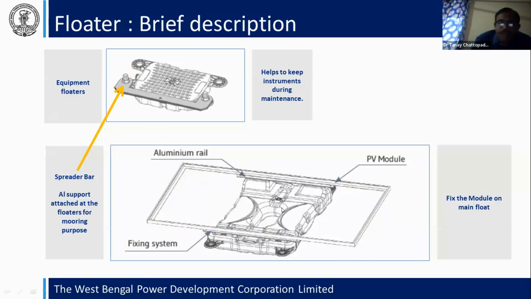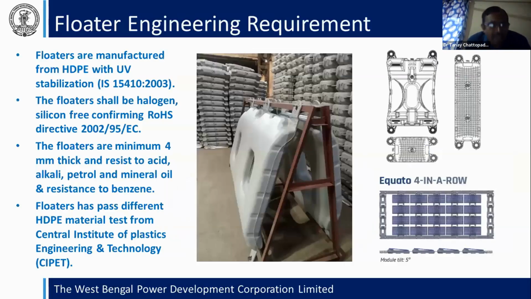And now for the execution, this is the main thing of the floater. This is the HDPE UV resistant stability IS 15410 2023, and the floater shall be halogen silicon free. That is, it is also less corrosive material, and this is for the less hazardous material, and it is also resistant to acid, alkali, petrol or mineral oil, and also it is tested in the laboratory of Central Institute of Plastic Engineering and Technology.